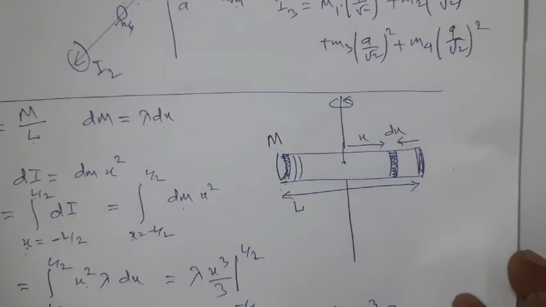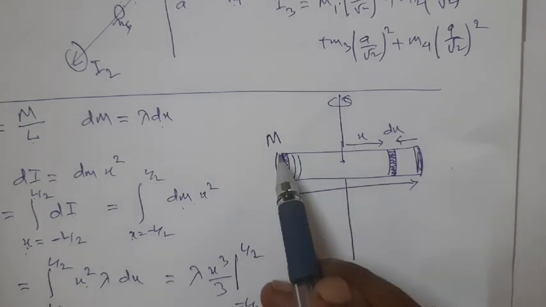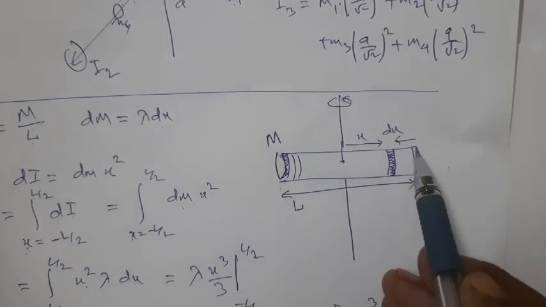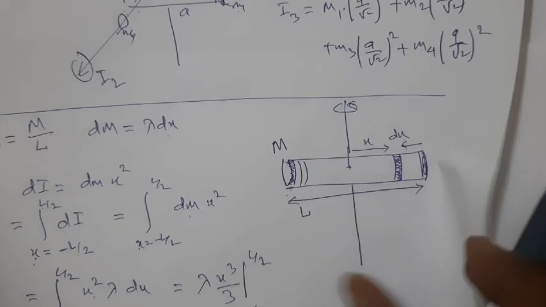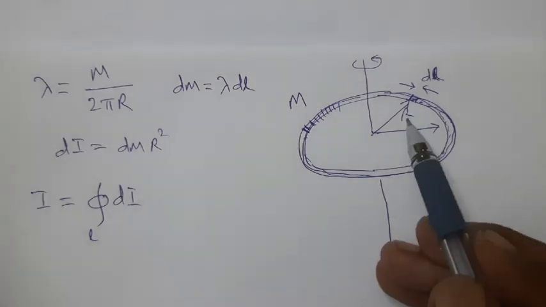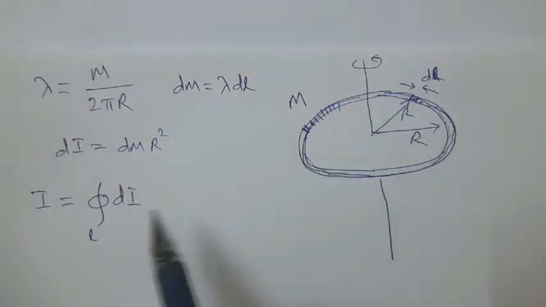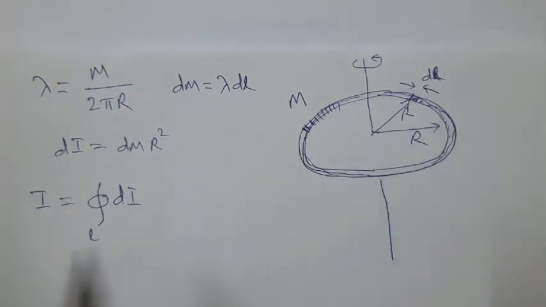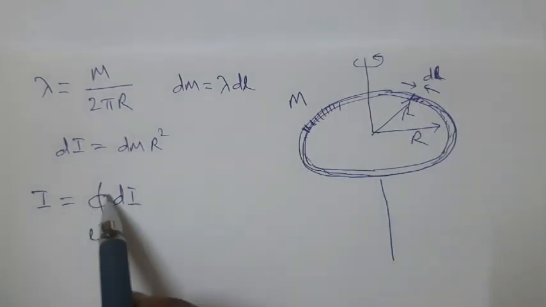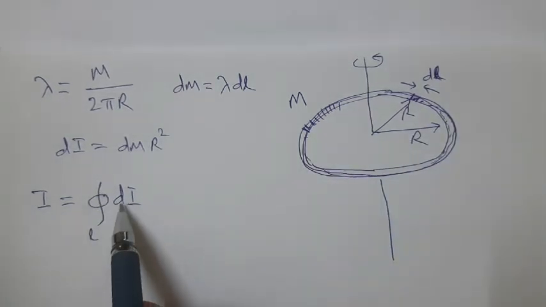In case of a rod, x was changing from minus L by 2 to plus L by 2. It is not a closed object. But the ring is a closed object, and therefore L changes in such a way that we consider a closed object. Therefore this is a closed integration over the length dl.